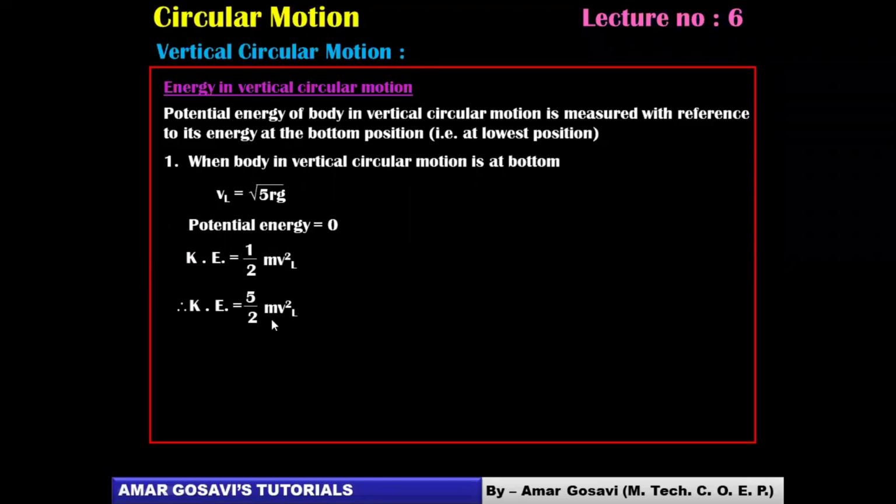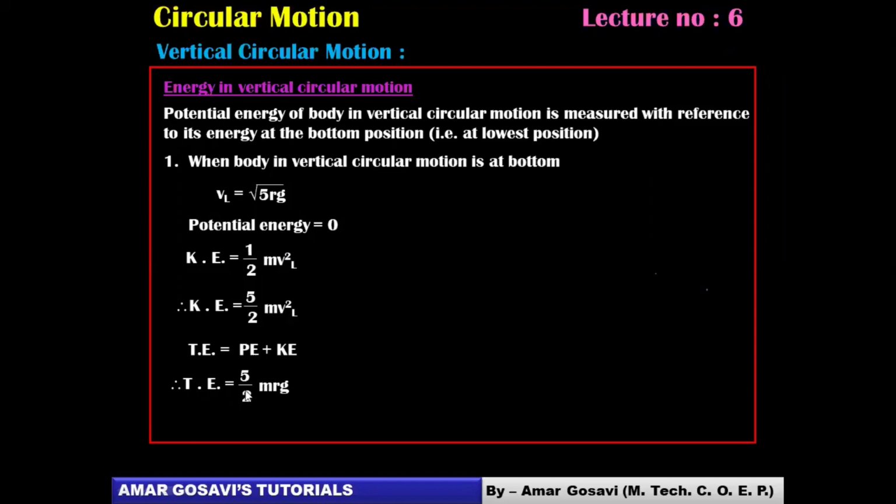Okay, there has to be some correction. Yeah, 5 by 2. So when you put it, here you are supposed to put 5 rg. So kinetic energy will be 5 by 2 mrg. So instead of v square L, it should be rg over here. So this plus 0 will give you 5 by 2 mrg, friends.